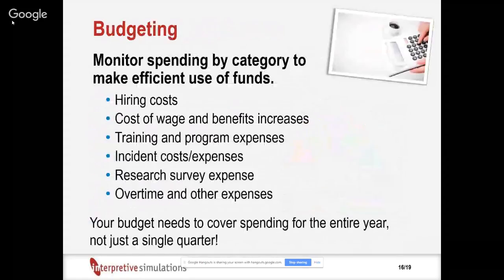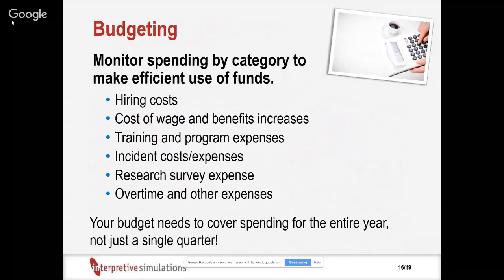Now, budgeting. As you're doing your budget, you have to monitor your spending by the categories that are listed here: your hiring costs, your cost of wage and benefits, your training, your incidents, your research survey expenses, your overtime and other expenses. Your budget needs to cover spending for the entire year, not just a single quarter.